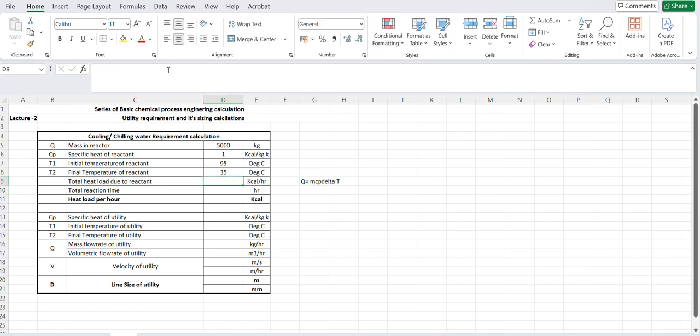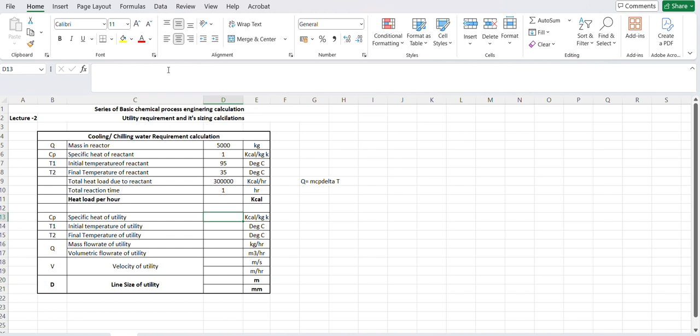To calculate the sensible heat, we just go by m into Cp, the specific heat of the reactant, and delta T, the initial minus final temperature of the reactant. Okay, that is the actual heat load for which we have to size the utility to remove that amount of heat. Here we assume 1 hour for this removal.